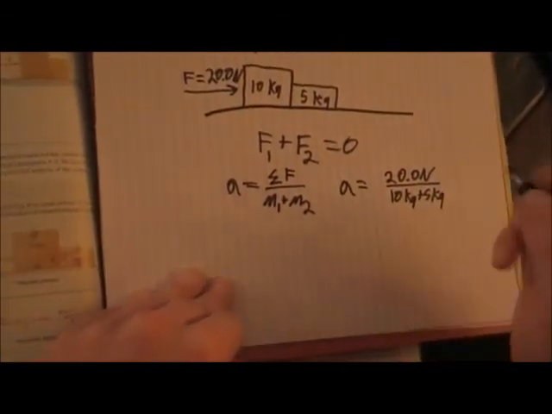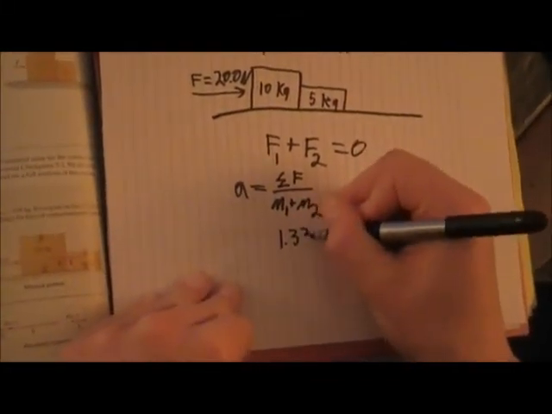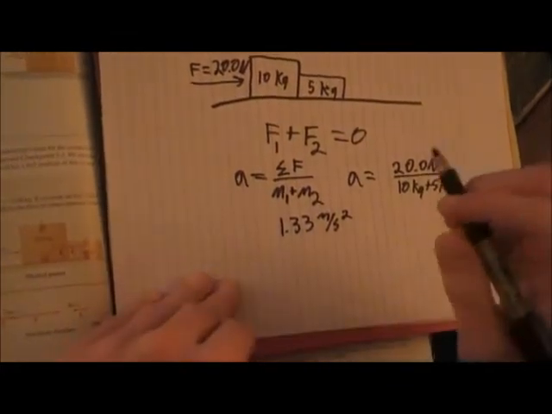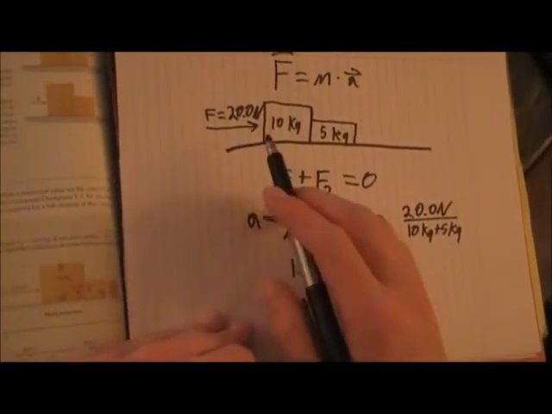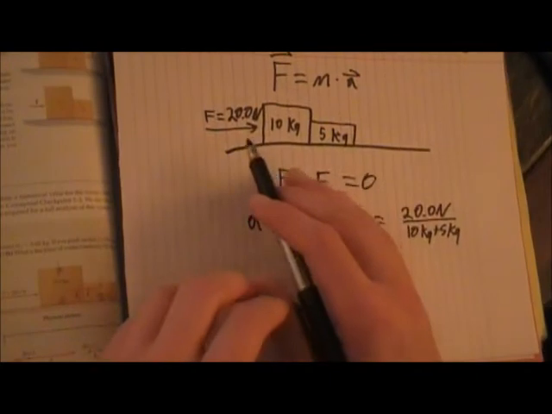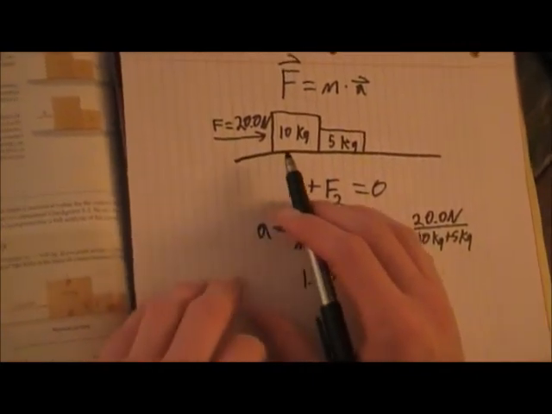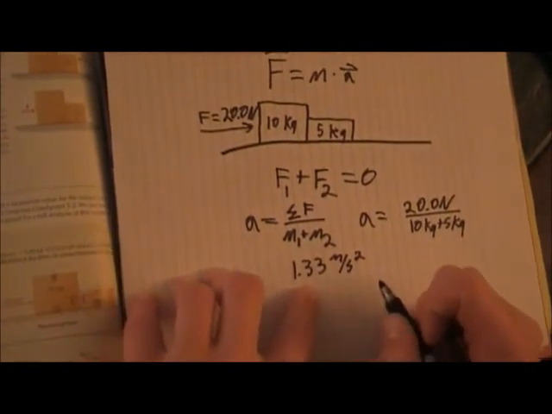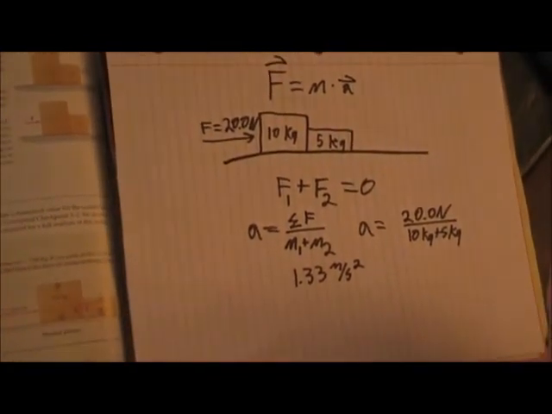And then that's going to give us 1.33 meters per second squared. So now we know how fast, if I were to push on these two boxes that are in contact to the right with 20 newtons of force, they would move to the right with 1.33 meters per second squared acceleration.